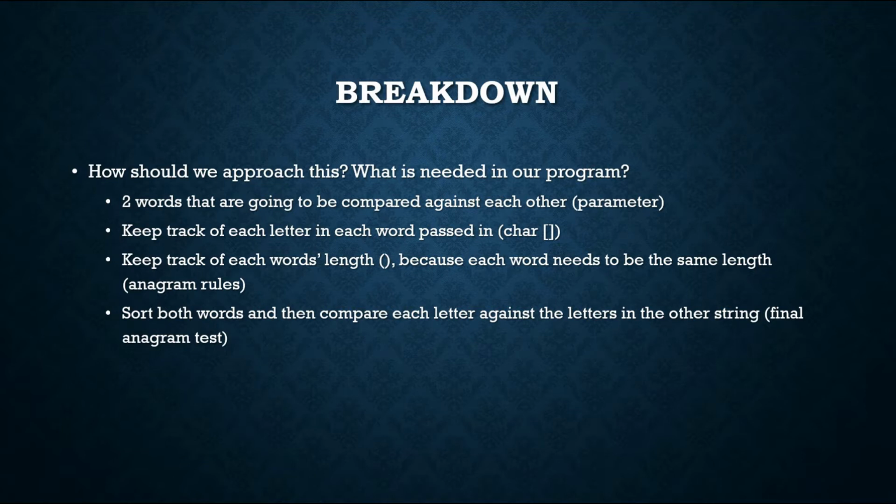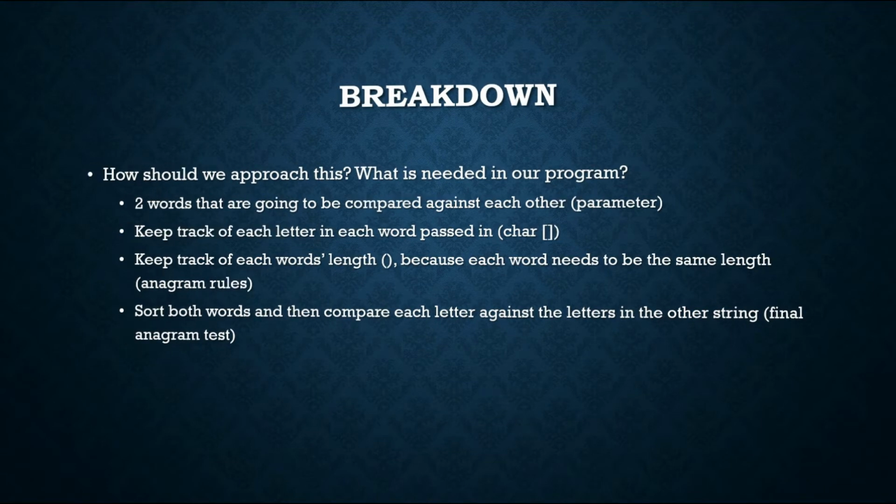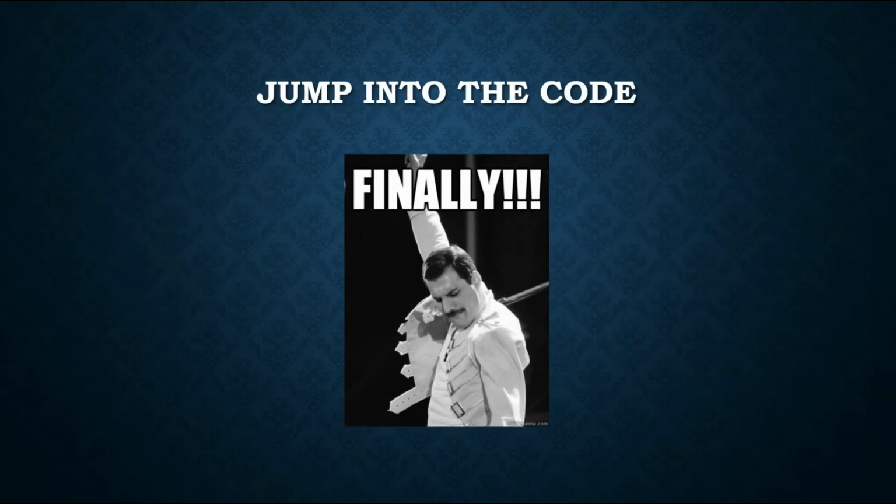After we sort these letters, we're then going to compare each letter in the word to make sure that they are exactly the same. Because ultimately, what we're going to be doing is comparing the letters against each other in those words. That's pretty much it. What we're going to do now is just jump right into the code.